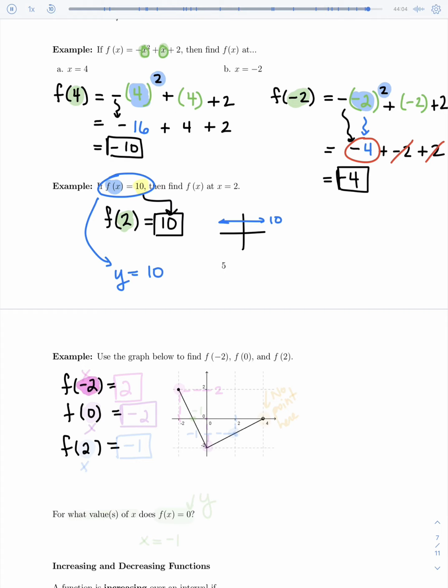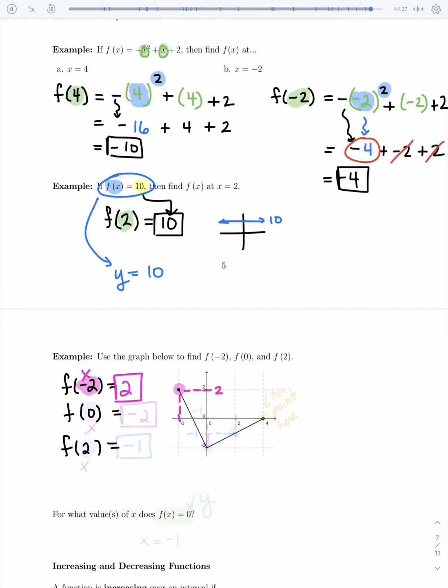That means to go to your graph and figure out where your graph is at -2. Well, your graph is up here when you're at -2, which means your y value is here at +2. So when we have x of -2, we get a y value of +2. And that's our final answer for that one.